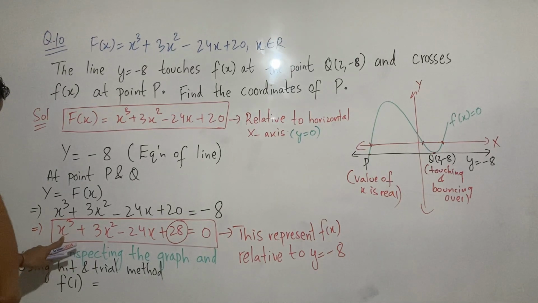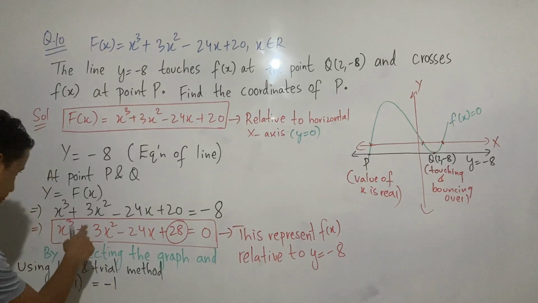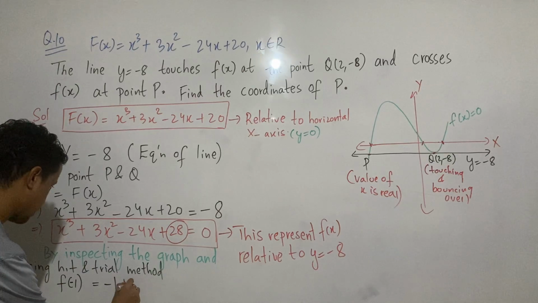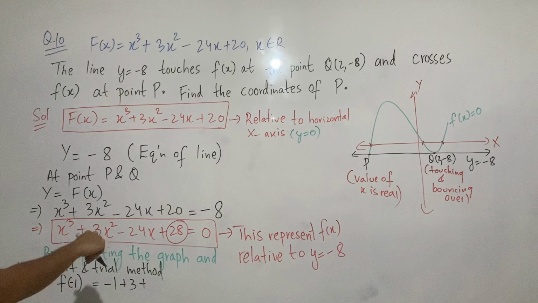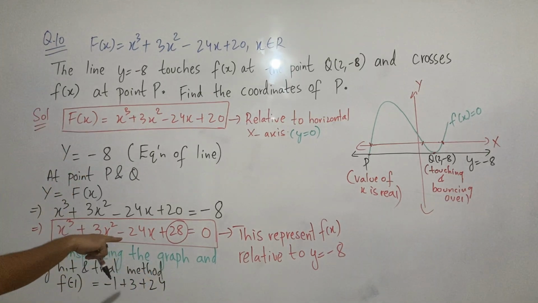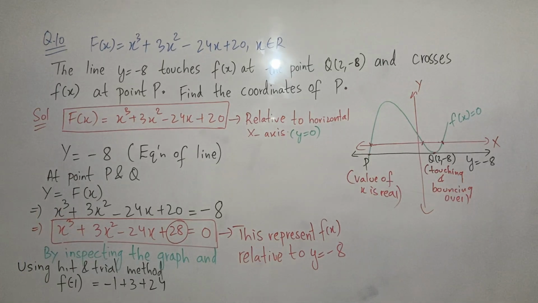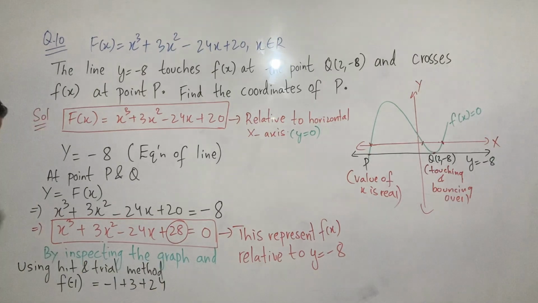If it is -1, f of -1 would be -1, then here plus 3, then here plus 24, and here plus 28, right? No, but for f of 1, 1 plus 3, 4. No, then x plus 2, okay?